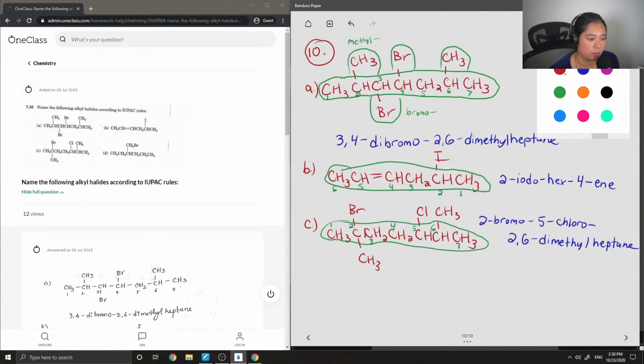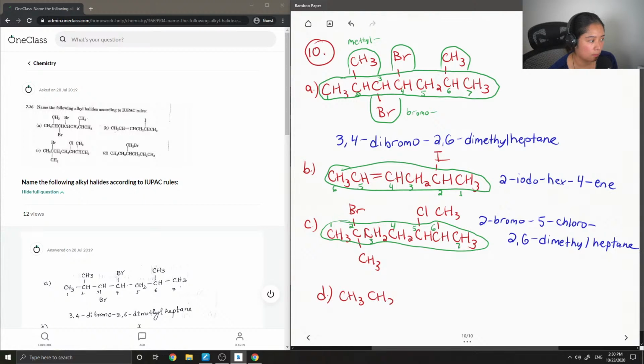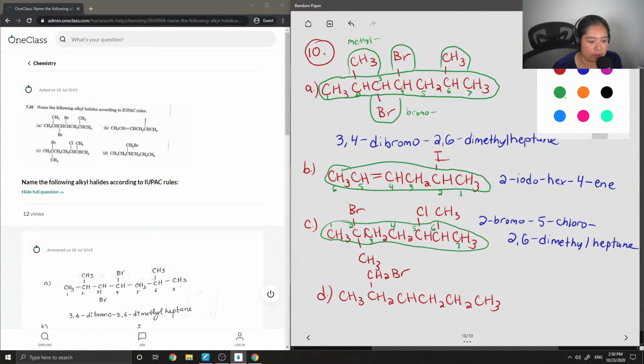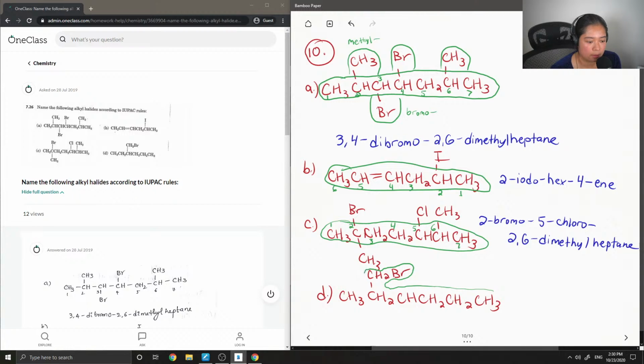Then let's quickly do the last one. And then we have it kind of sticking up like that. So when we circle our chain of most important things, I'm not going to go all the way to the left. I'm going to be circling this part as part of the parent chain.